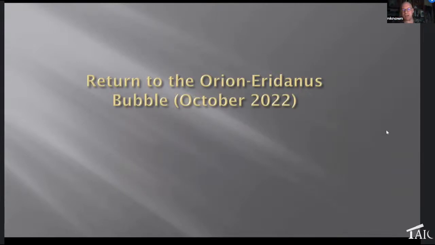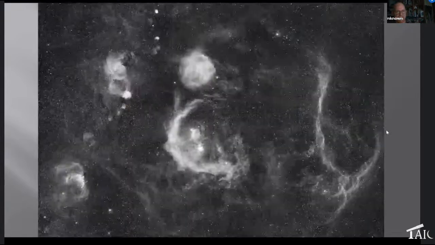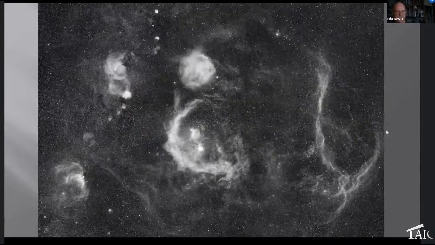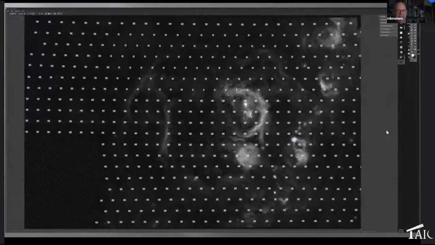Anyway, in October of 2 years ago, I returned to that Orion-Eridanus bubble that we shot with our first project with the wide-angle lenses. Here's the first one with that 50 millimeter lens that we were talking about. Putting it together in the survey is a manual process.